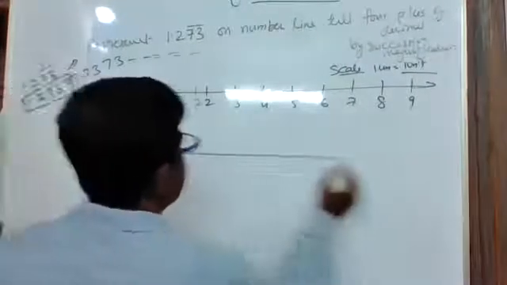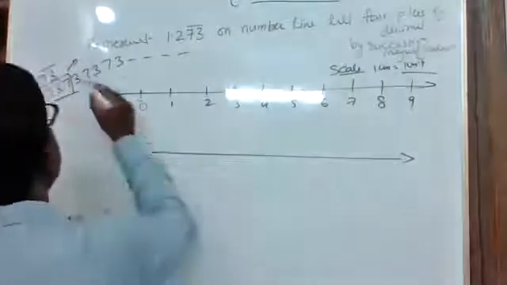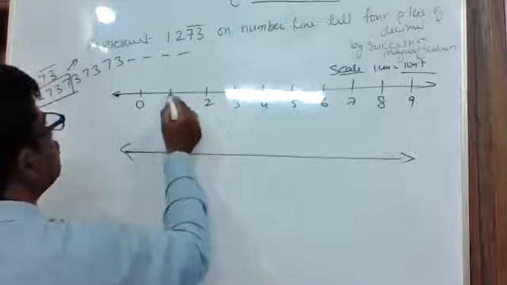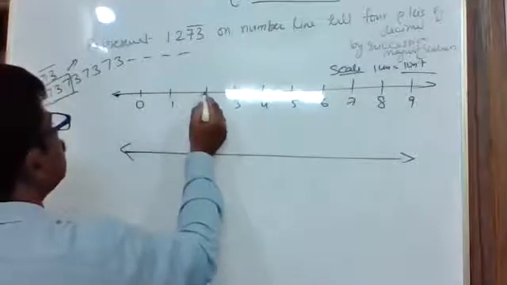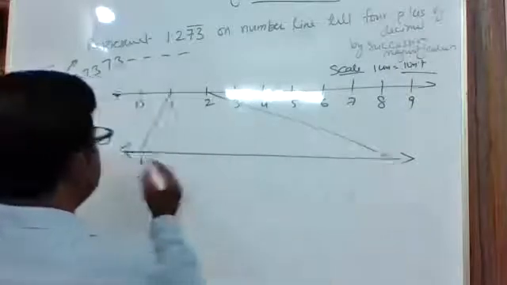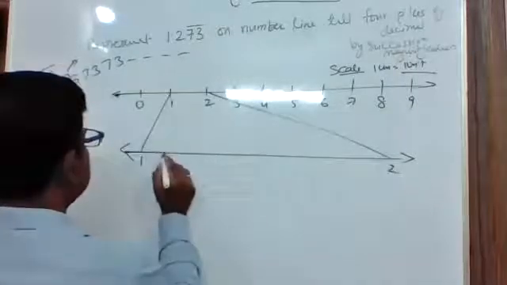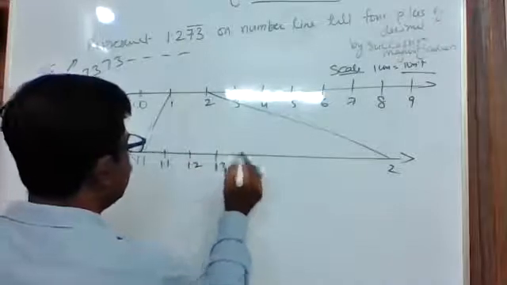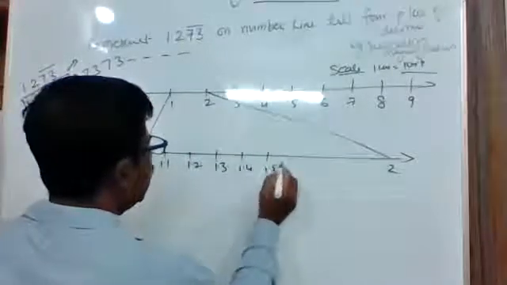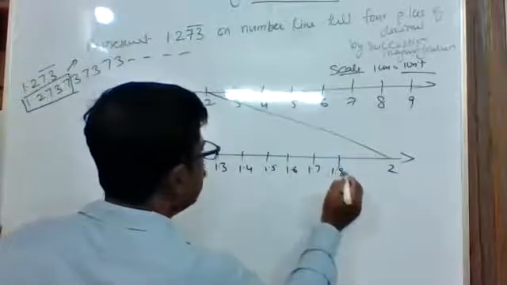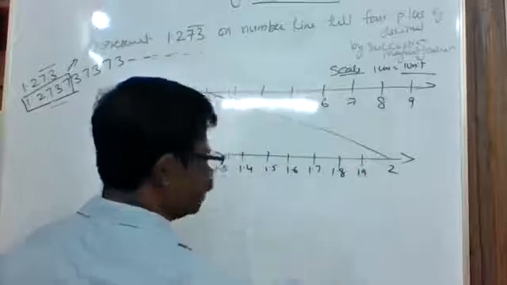Take between 1 and 2, this is 1 and this is 2. This will be 1.1, 1.2, 1.3, 1.4, 1.5, 1.6, 1.7, 1.8, 1.9, and this is 2.